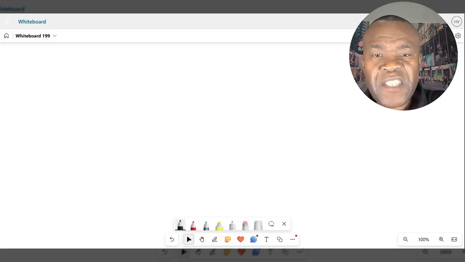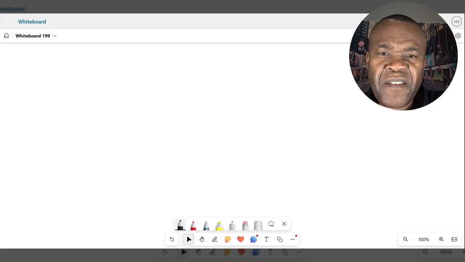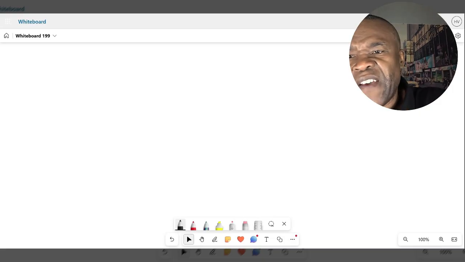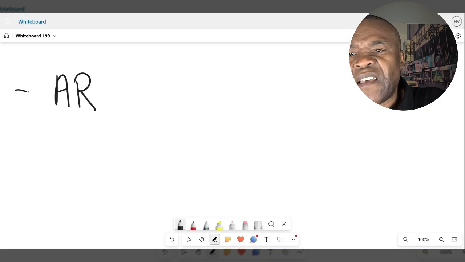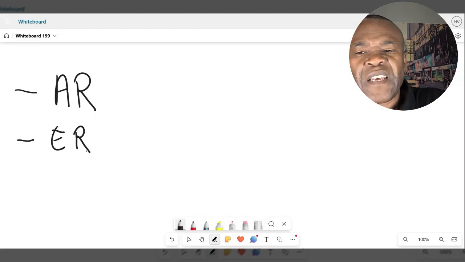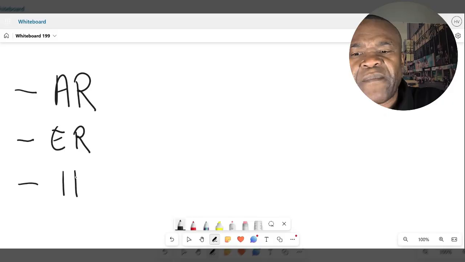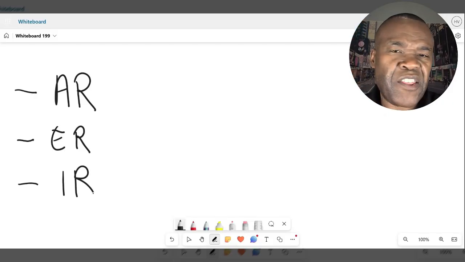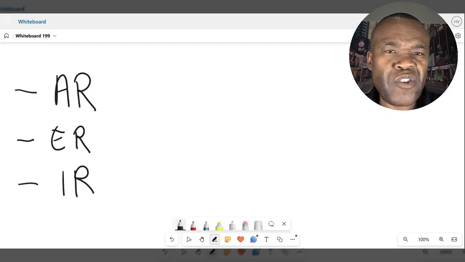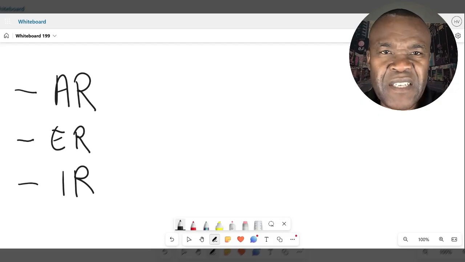Now, in Spanish, there are three families of verbs. You have the AR family. Okay, you have the ER family, and you have the IR family. Okay, so there are three types of verbs. Verbs don't exist randomly in Spanish. Every single verb belongs to a family.